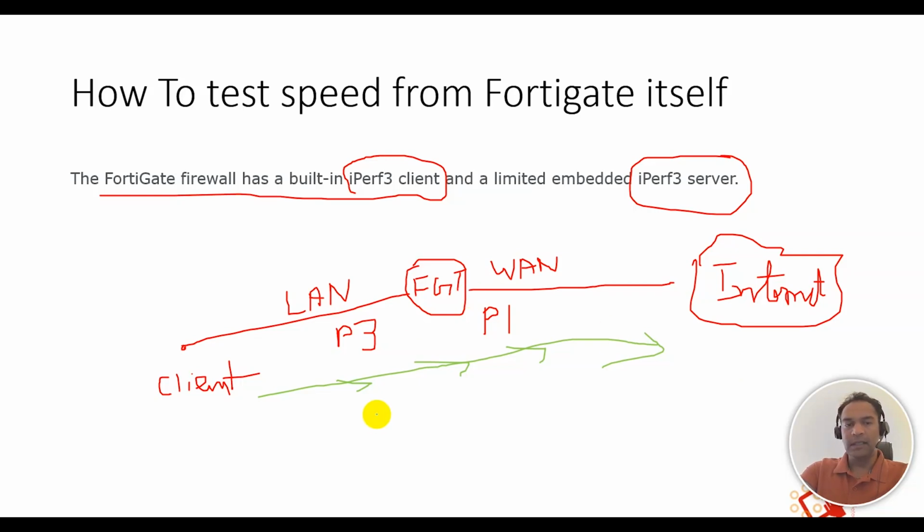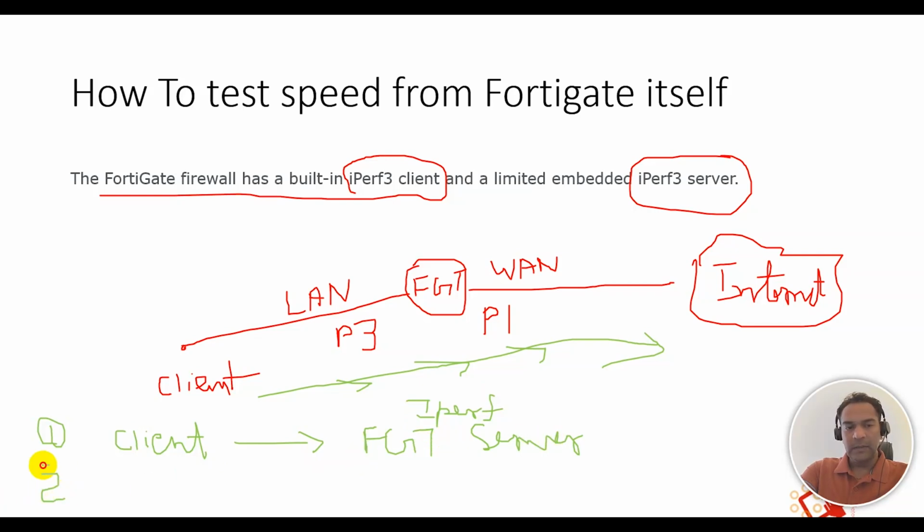So what are the scenarios? One test scenario can be that your client will be the client, and you can make FGT the iPerf server, and you can test speed from client to FortiGate. That is one case.